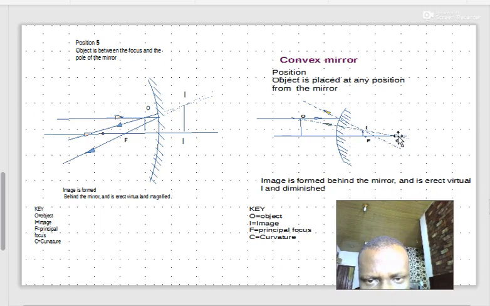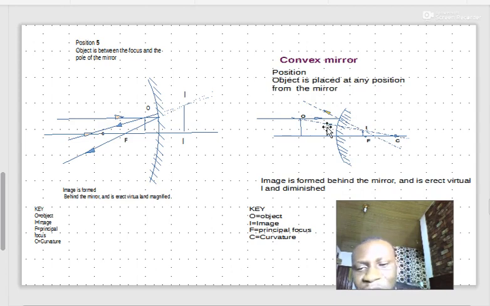So the rays appear to be coming from an untrue center of curvature. That means this is the center of curvature. The ray tends to move like this to the head of the object. So the image formed is actually upright too. At any position, the image is upright, not inverted. The image of this object is usually upright if the object is placed in front of a convex mirror.